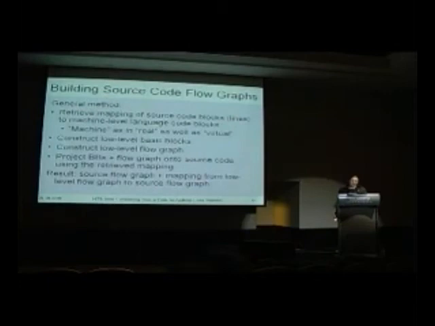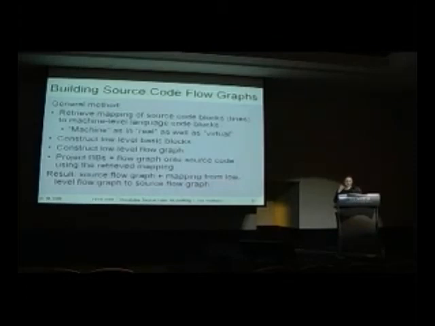So building source code flow graphs is not really rocket science, but it's not straightforward either. The general method is that you have to get a mapping of the source code blocks, IP lines, to the machine level language that it translates to, and then construct the low level basic blocks.